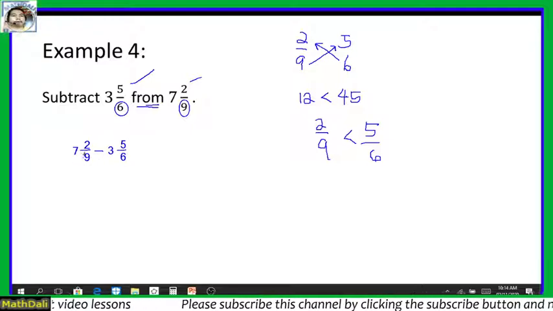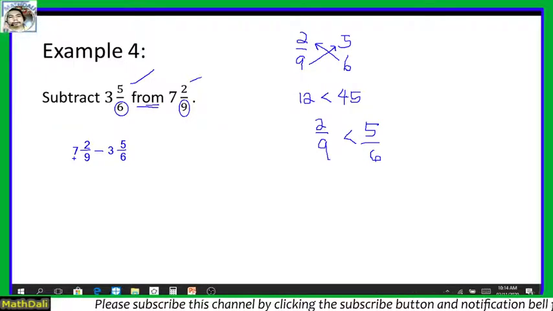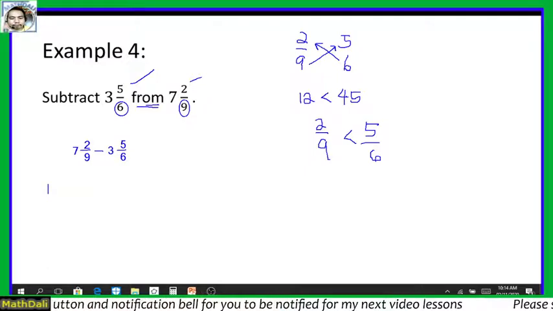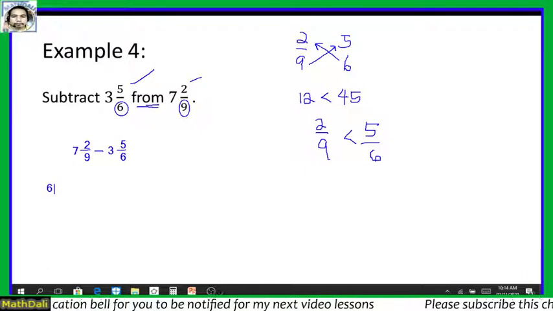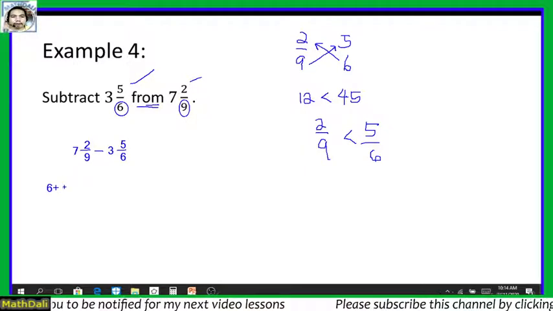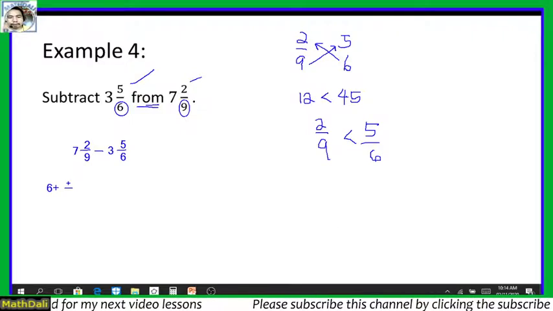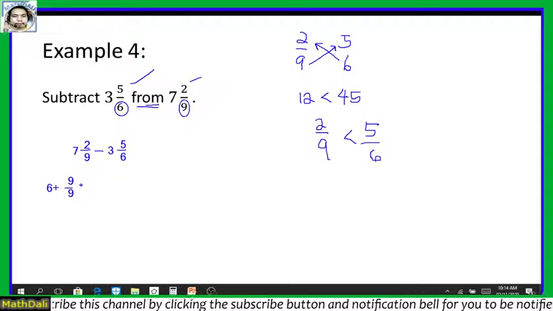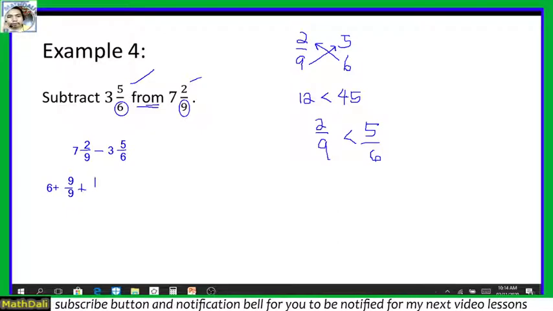Ganyan yung problem. So magbabawas muna tayo ng isa dito sa 7. Okay, so magiging fraction natin, that will be 6 and 9/9 plus itong fraction natin dito, that is 2/9.